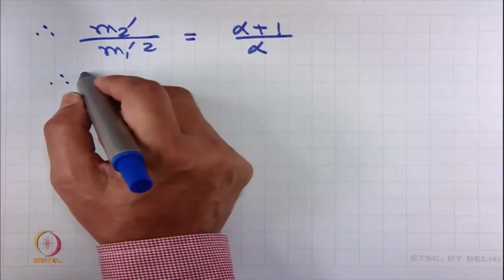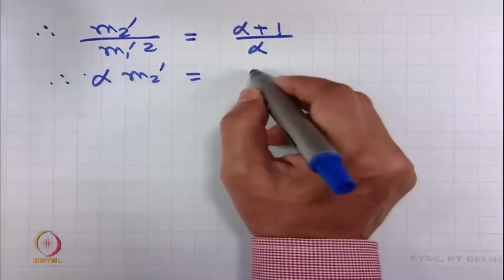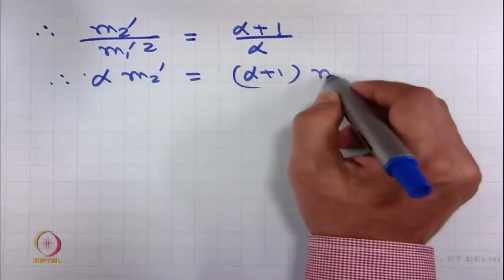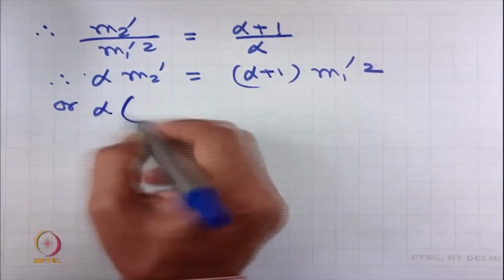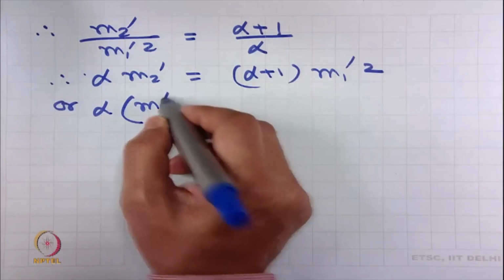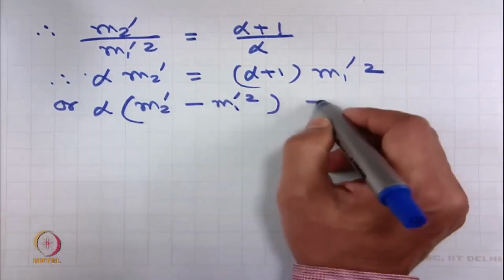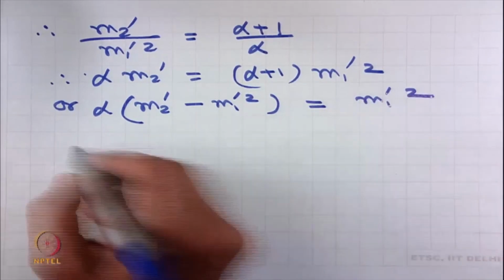Therefore, alpha m2' is equal to (alpha plus 1) m1'^2, or alpha times (m2' minus m1'^2) is equal to m1'^2.